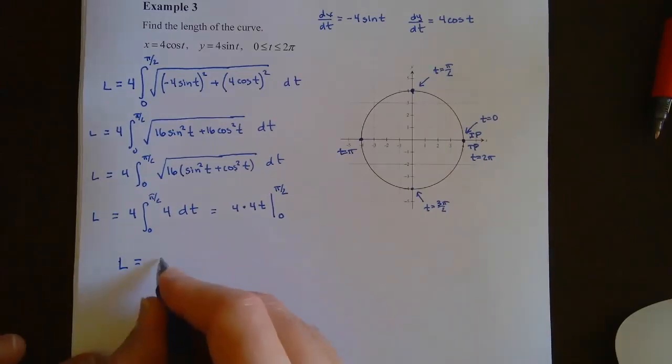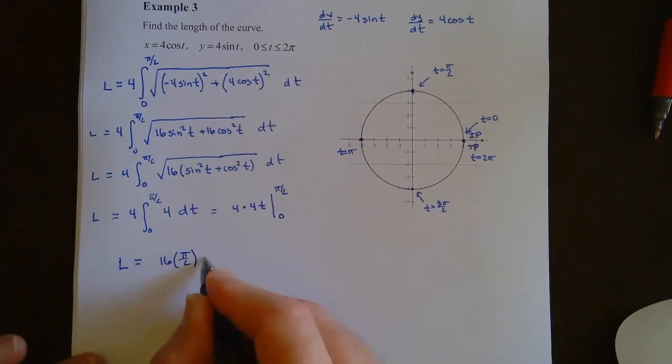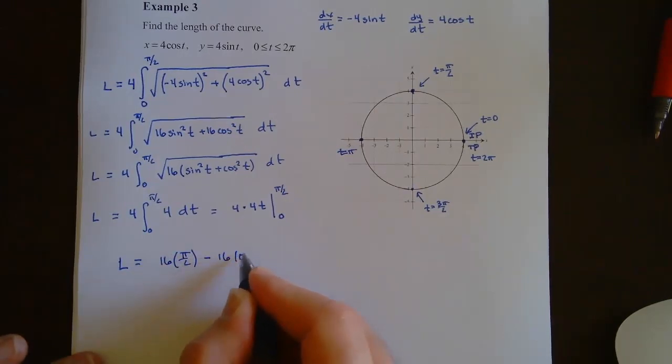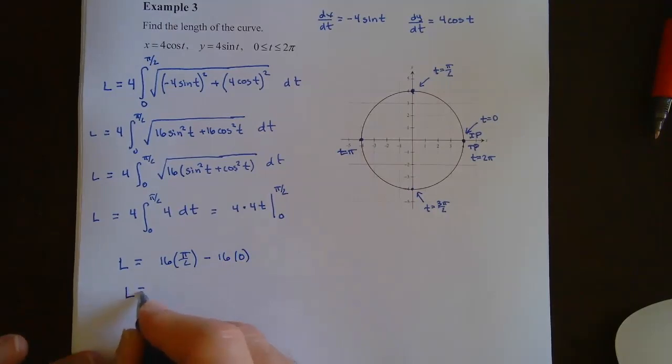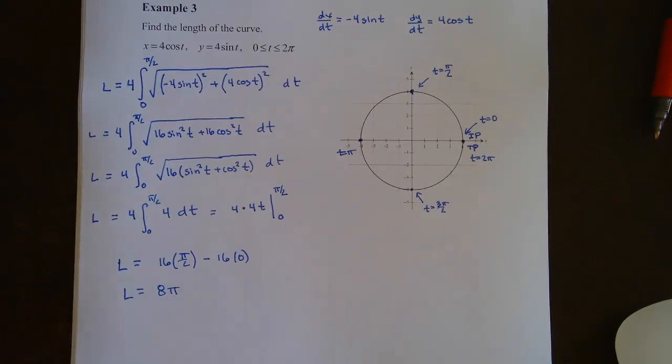This would be 16 times pi over 2 minus 16 times 0. And so 16 times pi over 2 is 8 pi, the same as the circumference of a circle. Okay? All right? Wild, huh? Wild. Like, who the heck ever thought of this stuff?